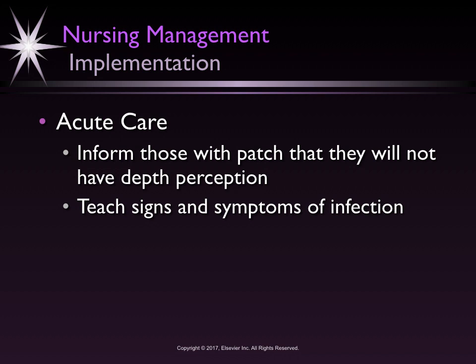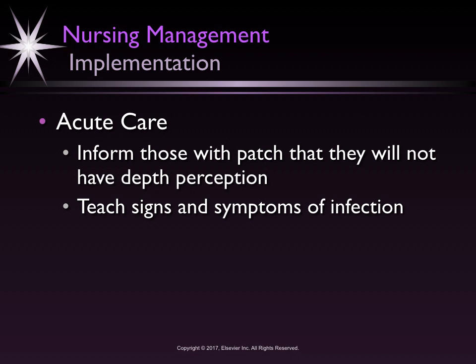We also want to make sure that as we're talking to them, they understand that the loss of depth perception could make them more prone to falls or other injuries. And if they have significant impairment in their unoperated eye, they may need more assistance until their operated eye has healed and has been unpatched.